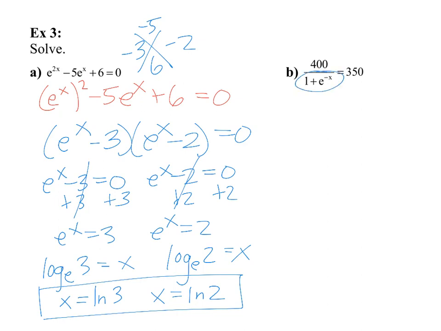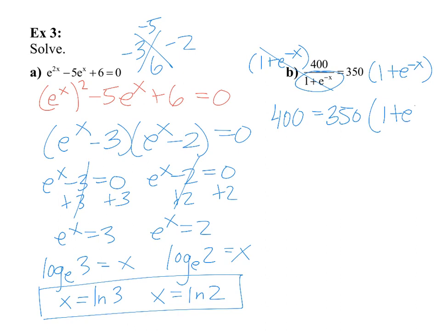All right, for the next one, let's see what we're going to do here. Well, I have x in the denominator position here, and I have to get it out of there. So I'm going to multiply by the denominator on both sides. Okay, and I have 400 is equal to 350 times 1 plus e to the negative x. All right, then I could just divide by 350 now.